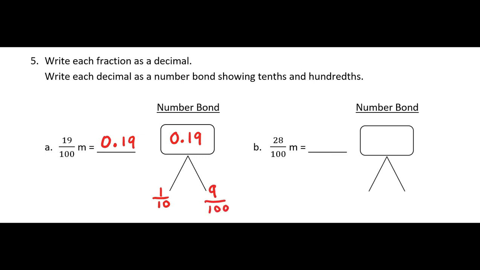Do the same thing for part B. Here I have 28/100ths. I'll write it first as a decimal, and then put that into my number bond. In this number, the 2 represents 2/10ths, and the 8 represents 8/100ths.